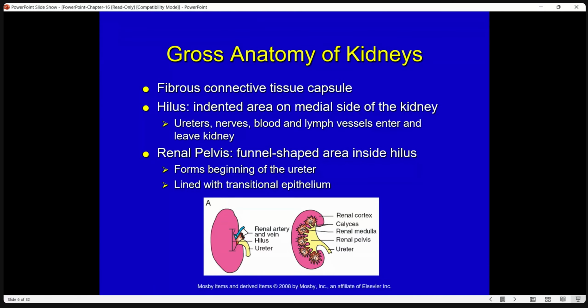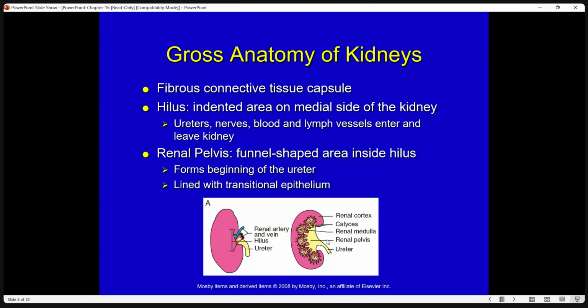So generally, we have the ureter, we have the renal cortex, that is the outer part of it, and then we have the renal medulla, that is the inner part of your kidney, and then we have the renal pelvis.